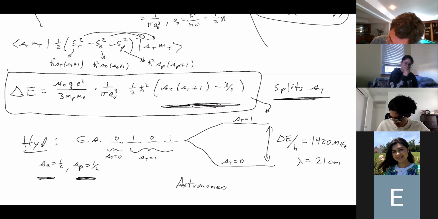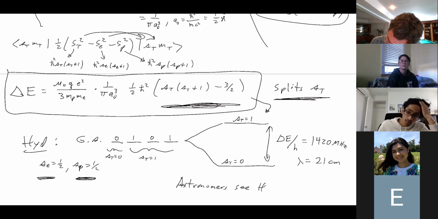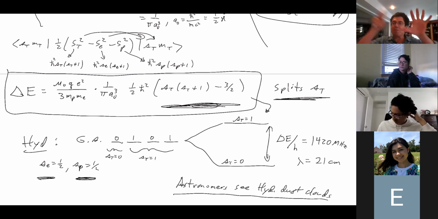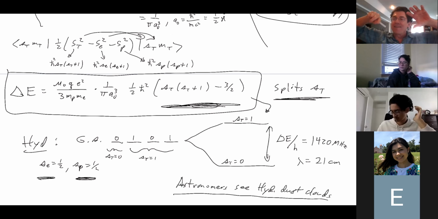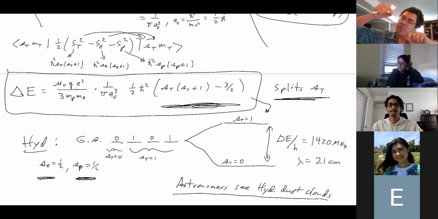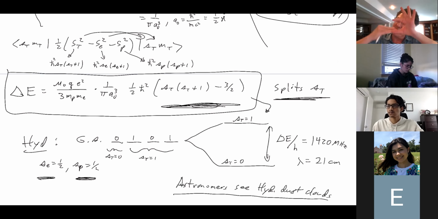Astronomers see hydrogen in the dust clouds of the universe, and they find this to be very useful, because the idea is that the hydrogen is bouncing around in those dust clouds, and the hydrogen every now and then, just from some random interaction, is getting kicked up and then falls back down from this one quantum state to another. And these dust clouds are radiating 1420. They're all just radiating 1420 out in the universe, and the astronomers can see it.